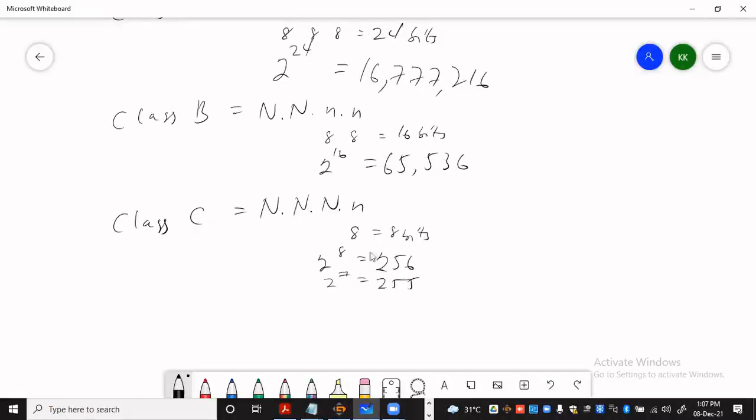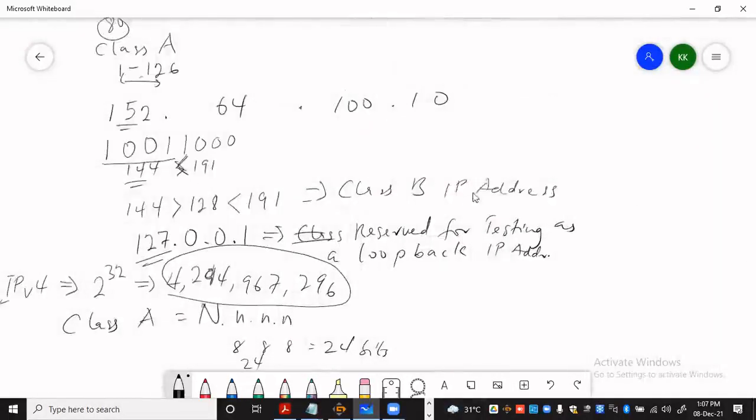In theoretical terms, it's 256, but in practical terms, you have 255. It depends on how the question is framed. In theoretical terms, for class C you have 256 allocations for IP addresses. But in practical terms, it's 255, because in computers we start from 0.